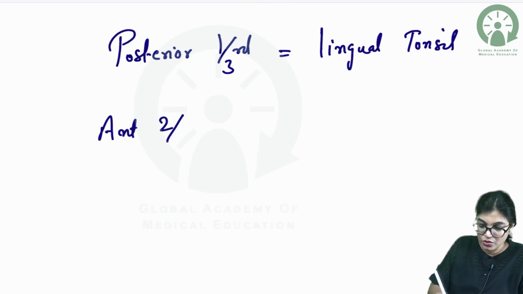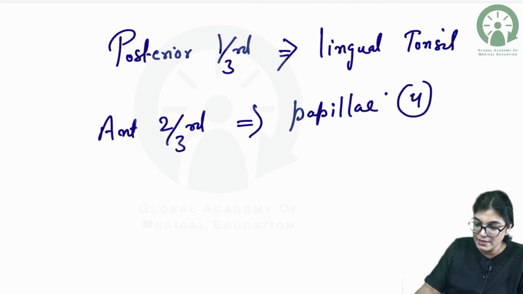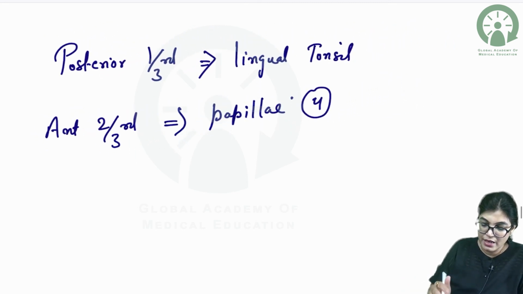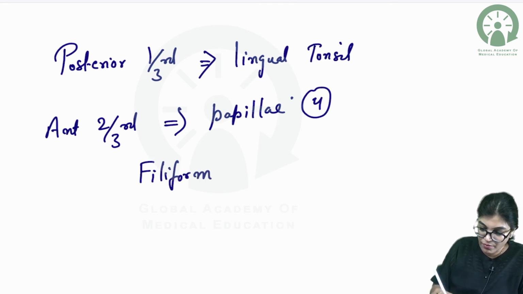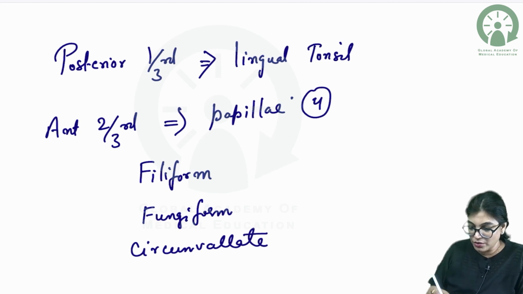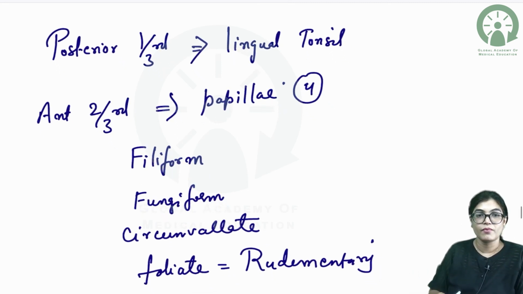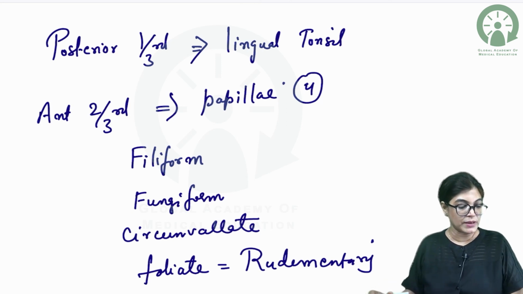Anterior 2/3 of the tongue, on the dorsum part, contains papillae. 4 papillae are there, and the names of these papillae are filiform, fungiform, circumvallate and foliate. The foliate is rudimentary, of no use in human beings. Okay, of no use in human beings.